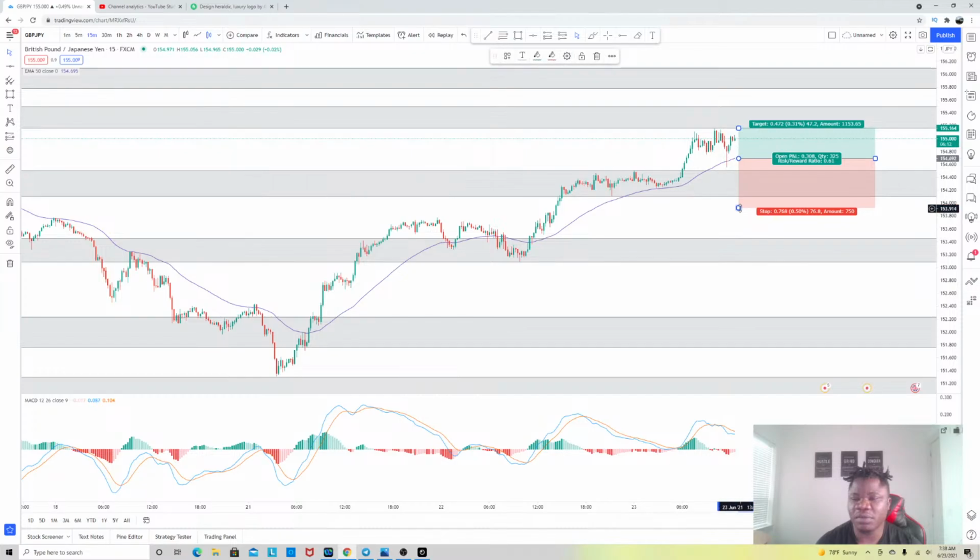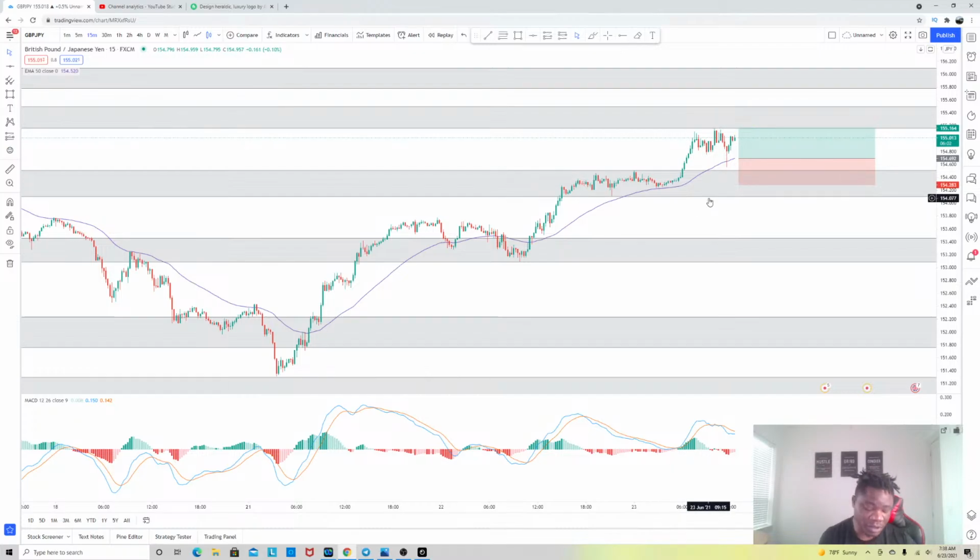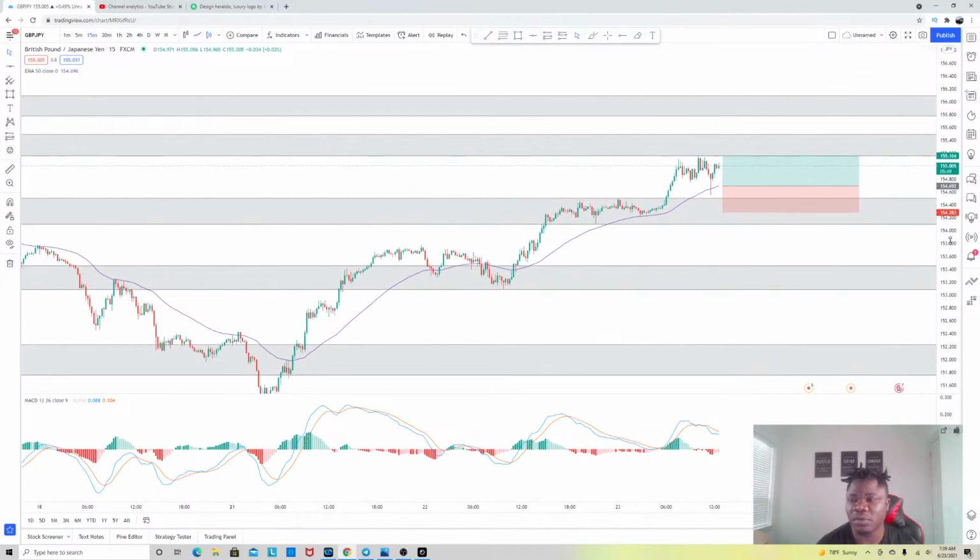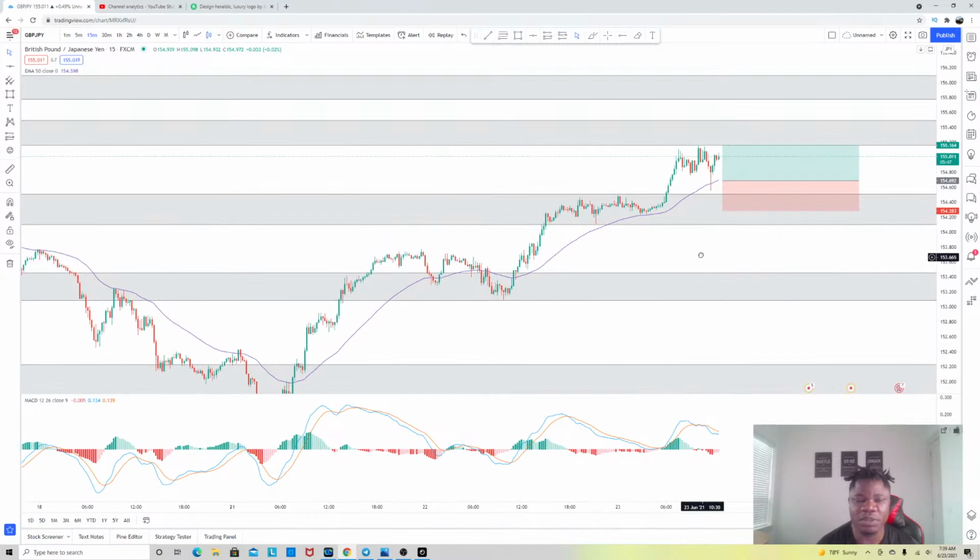And also, I hope you guys actually moved your stop loss to entry price already, and you took partial profits. We currently have this trade running.